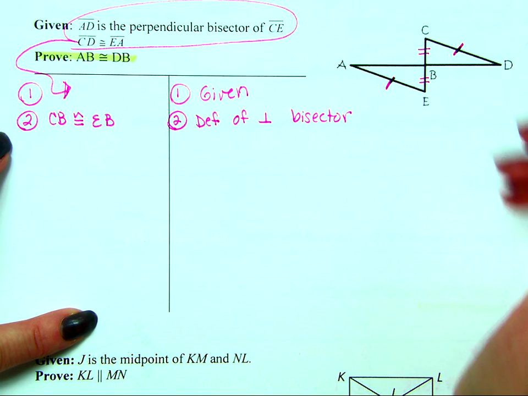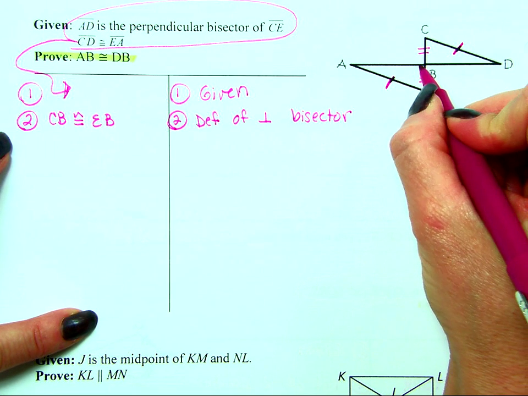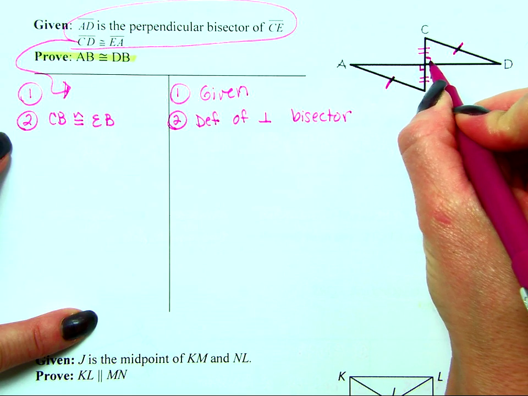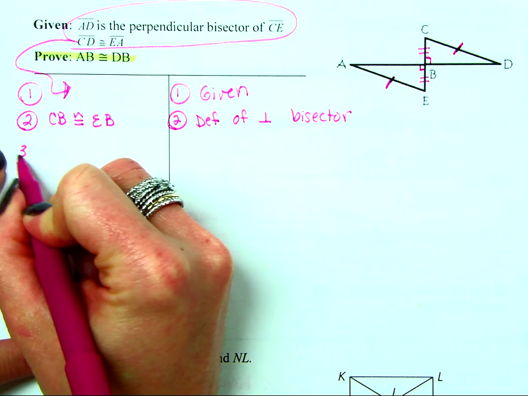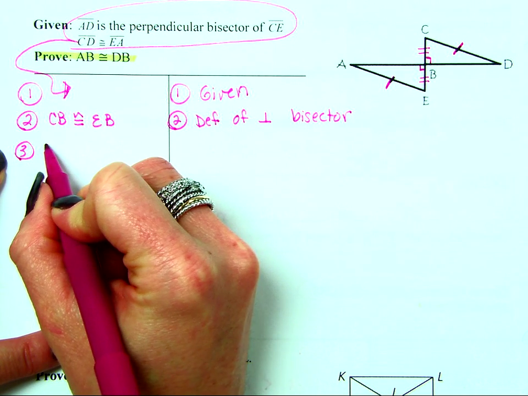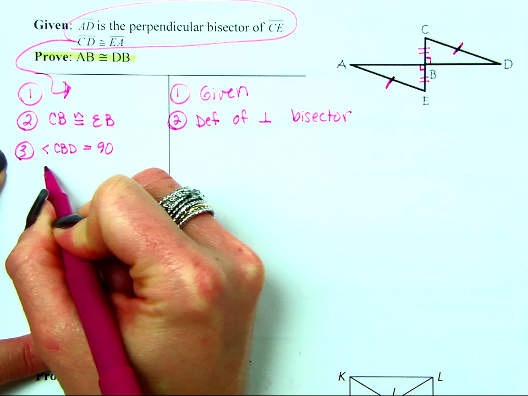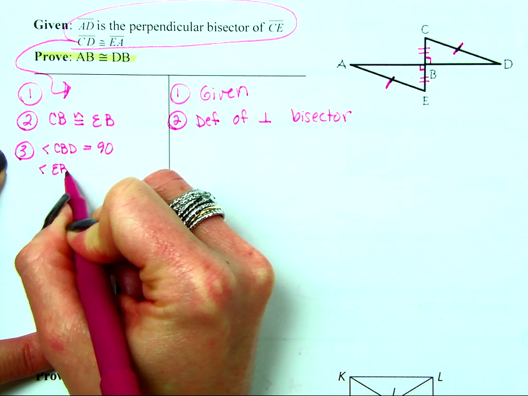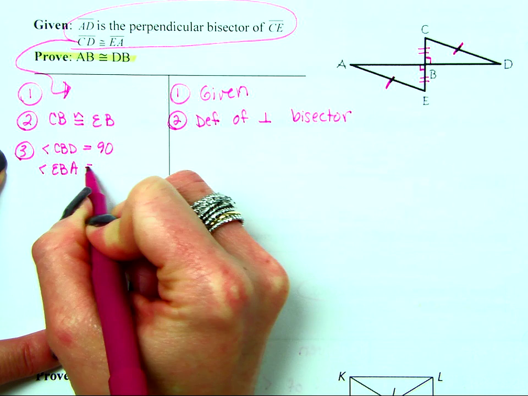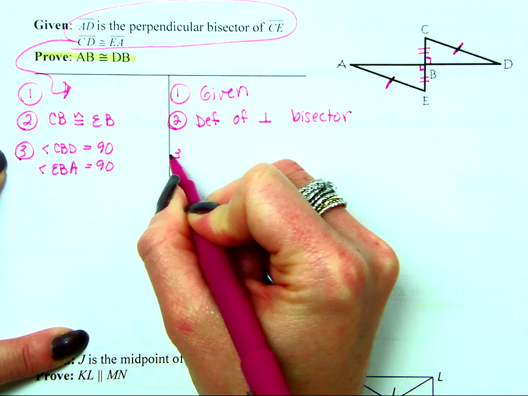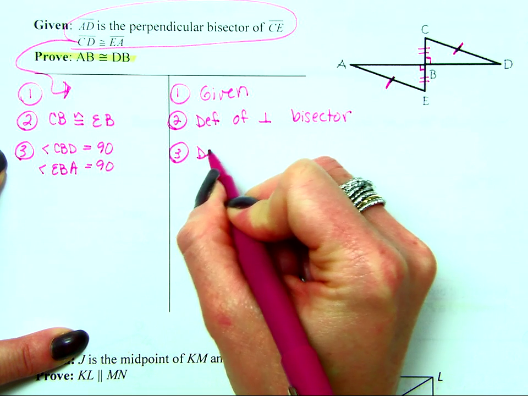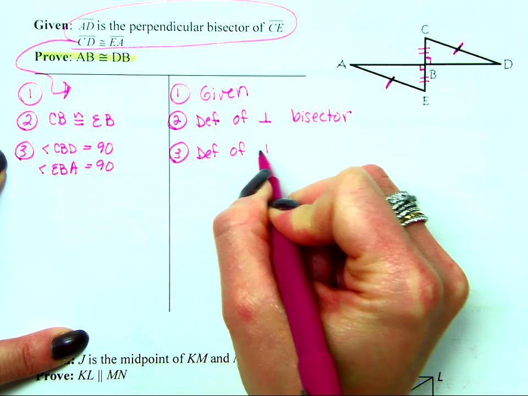But because this is a perpendicular bisector, we do know that those are right angles. And so in my proof, I'm going to go ahead and say that angle CBD equals 90 degrees, and angle EBA equals 90 degrees. That again is due to my perpendicular bisector.